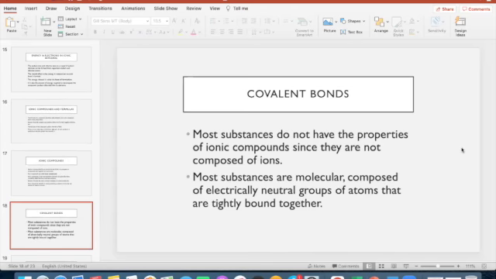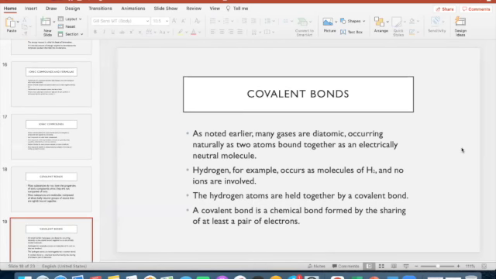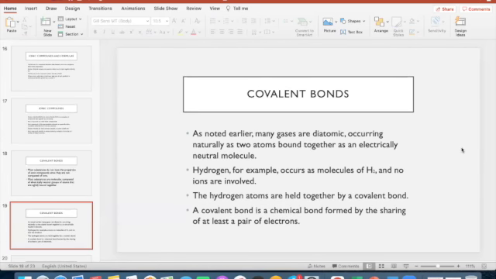Back to covalent bonds. Most substances don't have the properties of ionic compounds. Most of these substances are molecular substances, composed of electrically neutral groups of atoms that are tightly packed together. Many gases are diatomic, which means they naturally occur 2 at a time.